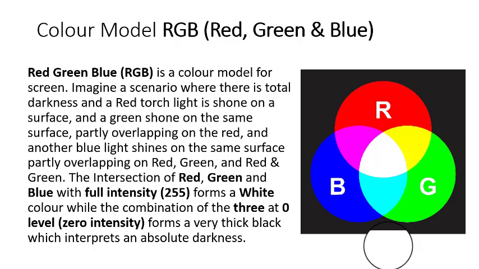So RGB by its nature is positive, so it's adding a positive energy to a negative energy. Just like the illustration given there, just imagine a total darkness, then a red torchlight is shown on a surface. So that's how RGB looks.